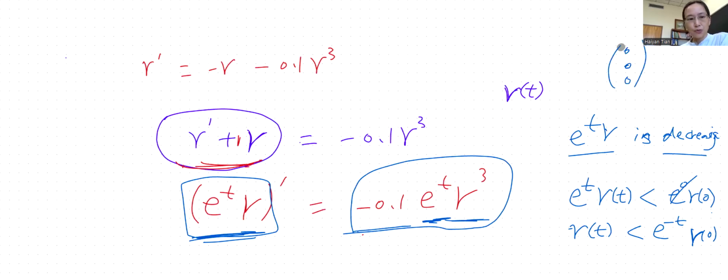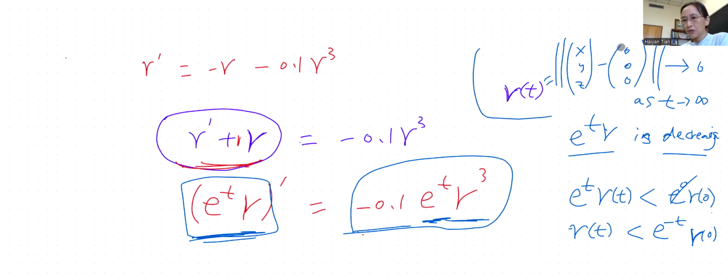Because we just proved that for any other solution curve x, y, z, right, the distance is approaching 0 as t goes to infinity. So we have shown that this r is approaching 0 for any solution curve.